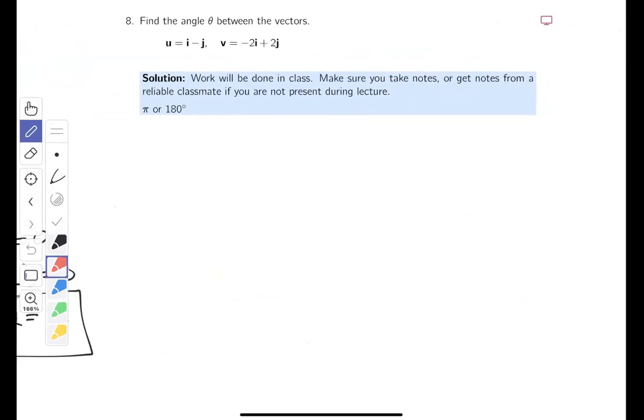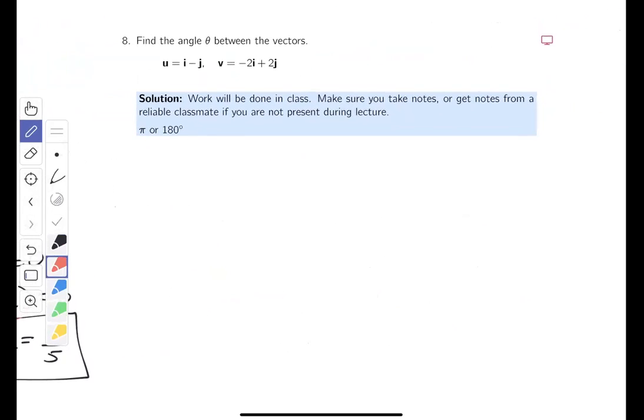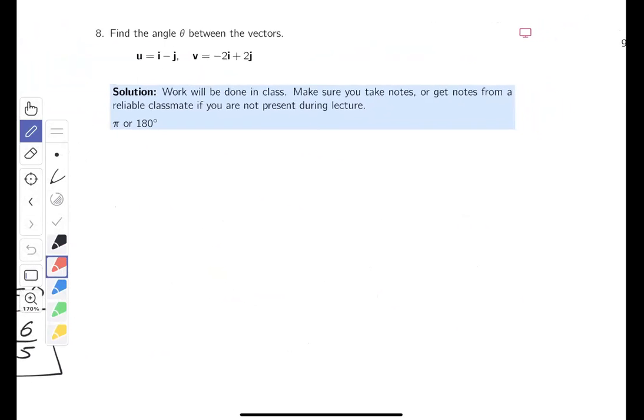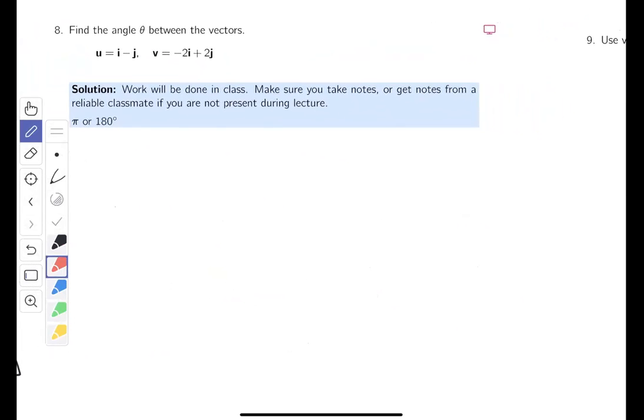Well, let's do number 8. And number 8 says find the angle theta between those 2 vectors. All right, so let's write the component form down. And the other one, V, is going to be minus 2, 2.